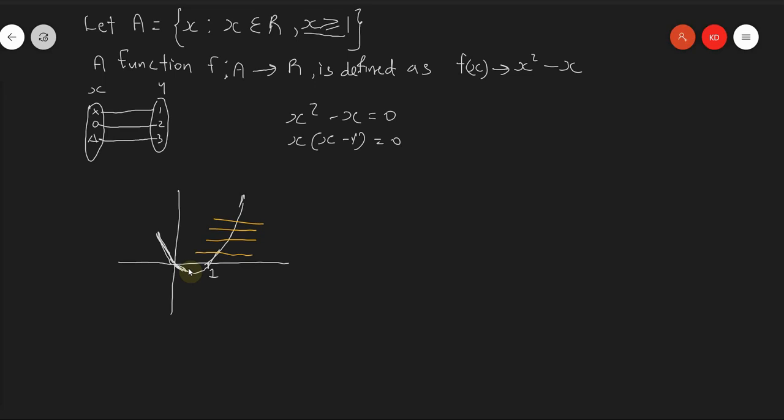Since it cuts it once, that means for each x value, like along here, there is only one unique y value. So that shows that it's 1 to 1, and that's basically a simple proof. It's 7 marks. So as I said, you just consider the right side of here, and that's basically it.